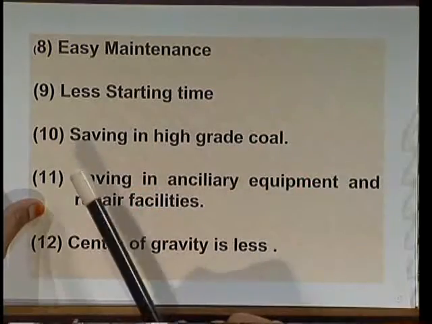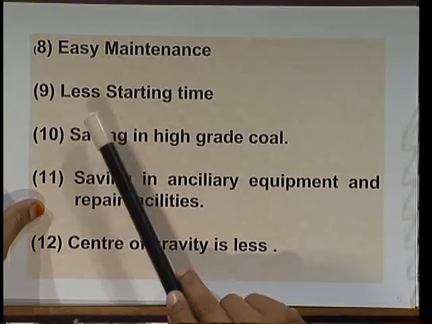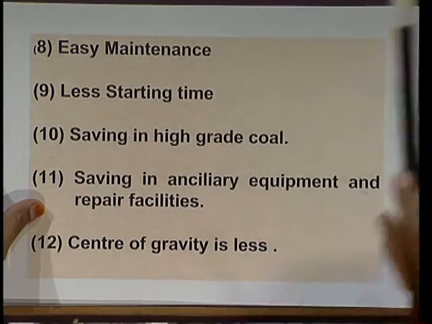The next advantage is its less starting time. The electric locomotives can start immediately at a moment's notice, but it takes nearly 2 hours for the steam locomotive to get heated up for propulsion.